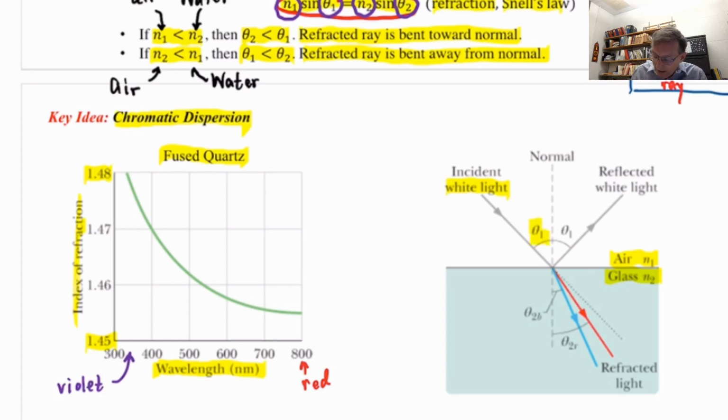Some of that white light will be reflected at angle of reflection theta 1. What about the light that's refracted? All right, here's a dashed line extending the incident ray, just for visual reference. And we need, I'll write it over here to the side, the law of refraction to help us.